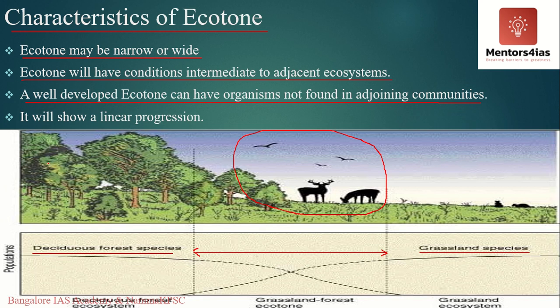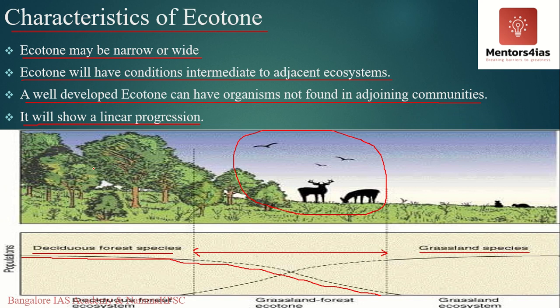The next point is an ecotone will always show a linear progression. An ecotone will always show a linear progression, meaning the number of animals or a certain species changes as we move on from one ecosystem to another ecosystem. If you see this diagram over here, you should be able to see this line. This line represents the population. So as you move from one ecosystem to another ecosystem, the number of species from one ecosystem starts to decrease.